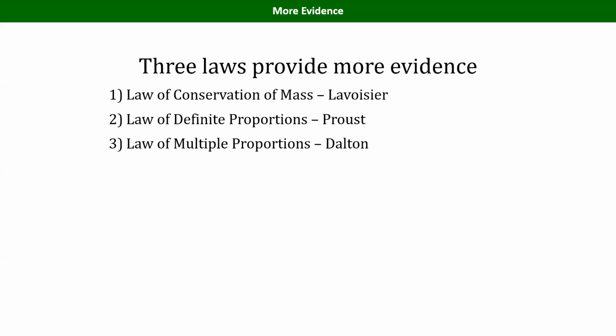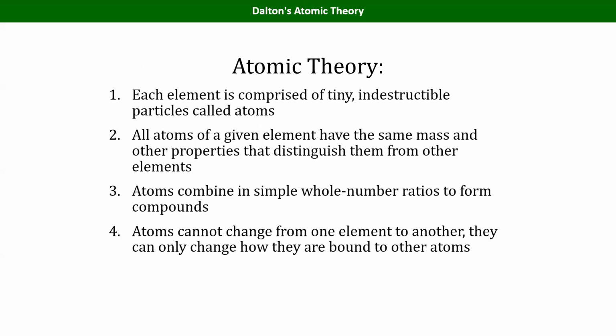And so Dalton was the one who put all of these three together to come up with what he called atomic theory. He actually went back to Democritus's writings to come up with the word atom. And what he put forth was these 4 premises. Every element is comprised of tiny indestructible particles called atoms.